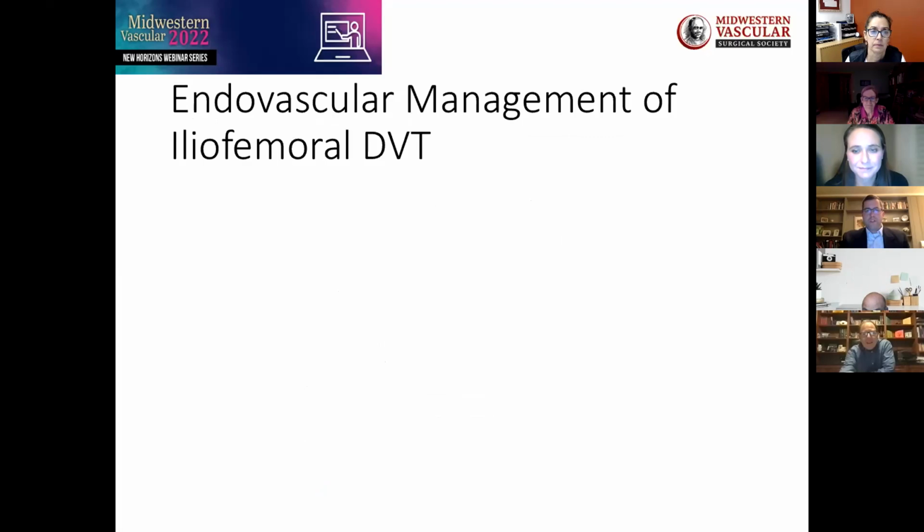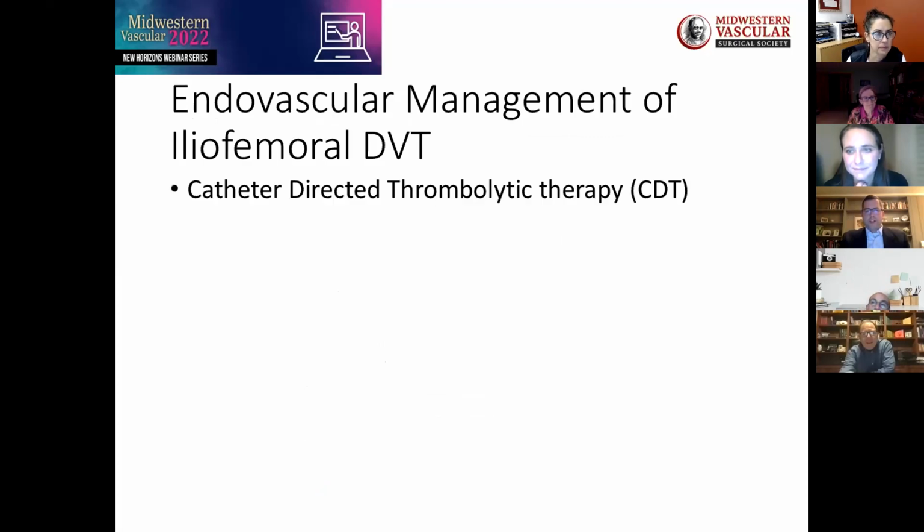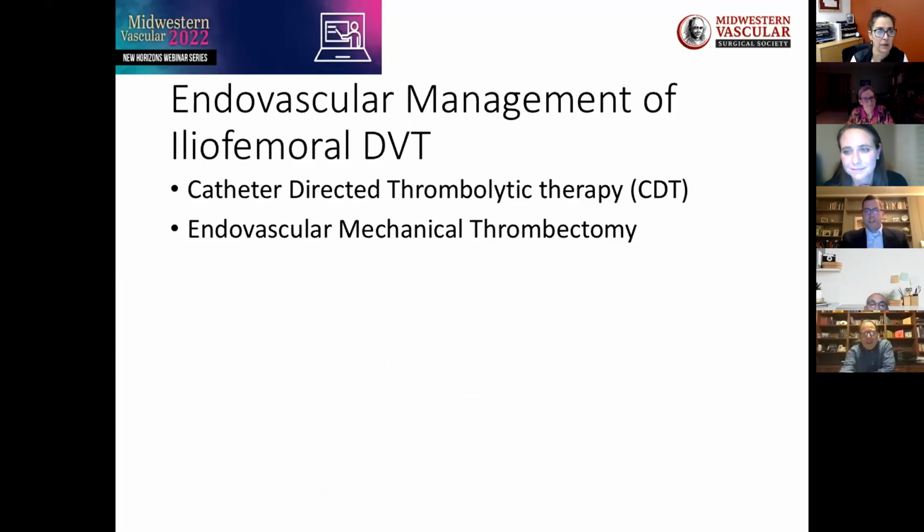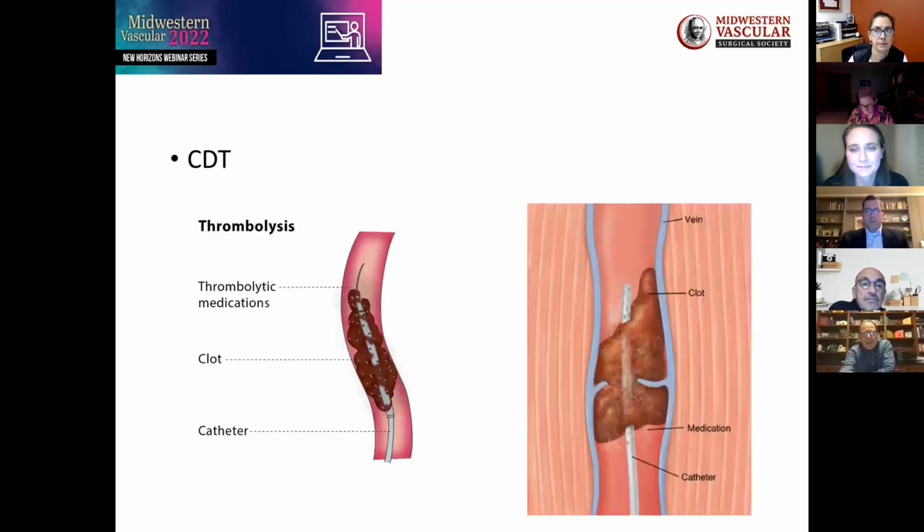So, there are many different endovascular management options for the treatment of iliofemoral DVT, obviously catheter-directed thrombolytic therapy, as well as mechanical thrombectomy or pharmacomechanical thrombectomy. Catheter-directed therapy involves placing a catheter across the thrombus and instilling TPA to help resolve the thrombus or decrease the thrombus burden.